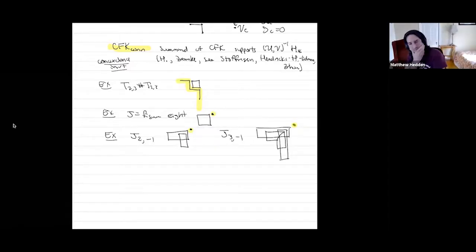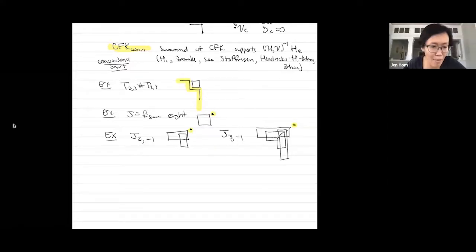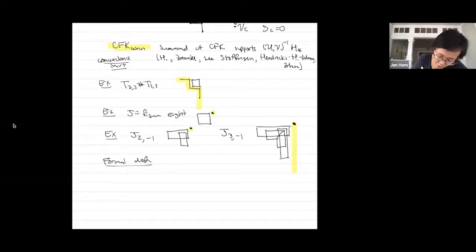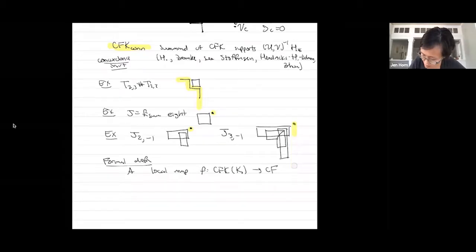Okay. And maybe you're unhappy that this is not very precise. So let me just give you the formal definition of one way you could define these things. Great. So you could define a local map F from the knot Floer complex of K1 to the knot Floer complex of K2. Great.